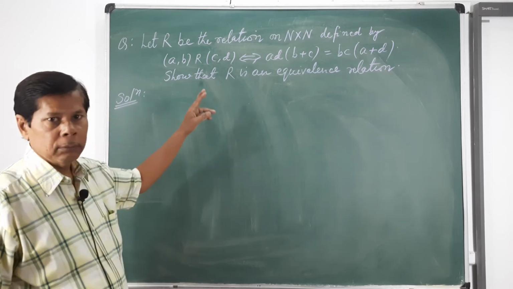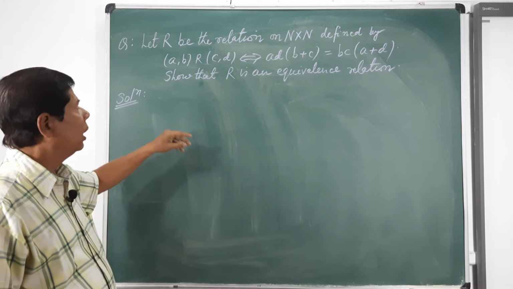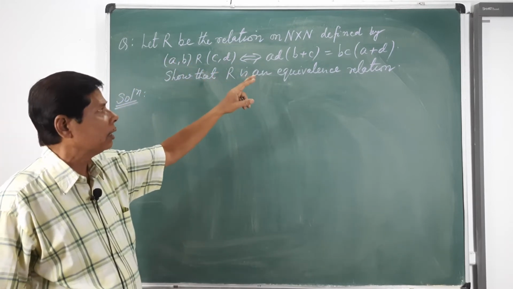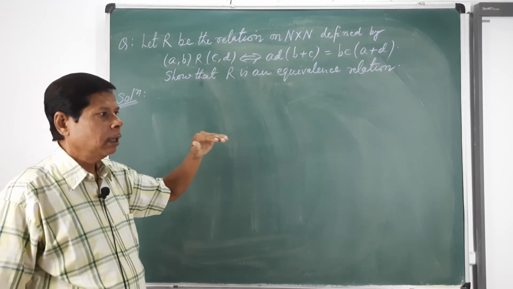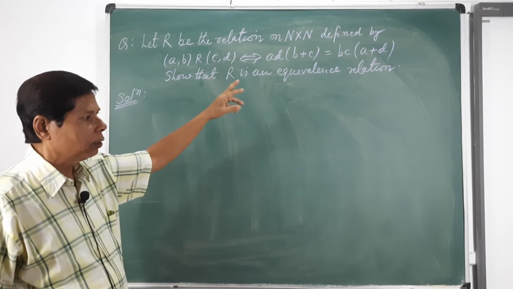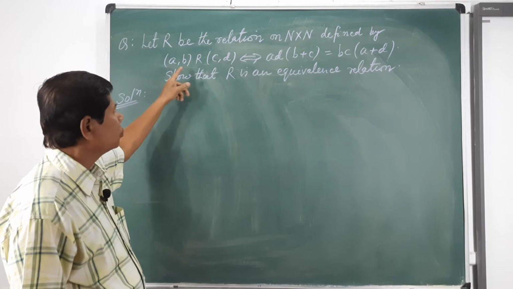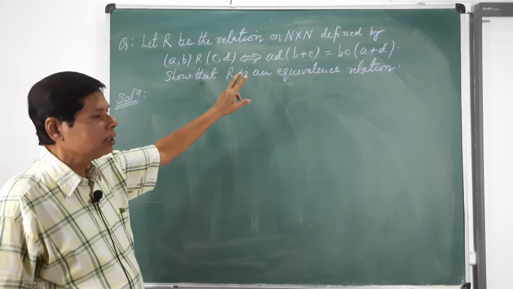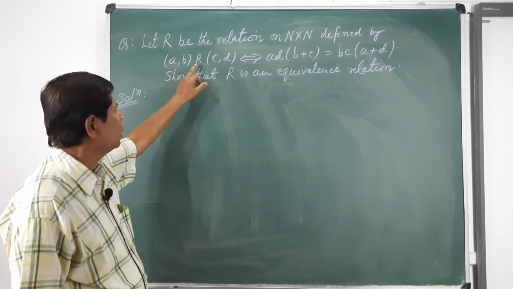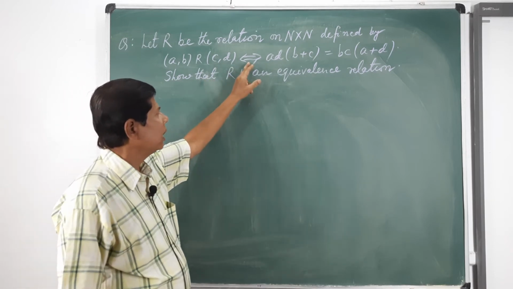Now, the next problem is also one of the most important problems on equivalence relation. The problem is, let R be the relation on N cross N. So, the given set is of all ordered pairs of N cross N, the Cartesian product of the natural number set, defined by, so obviously the elements will be in the form of ordered pairs. So, (A, B) is one element of N cross N related to (C, D), for which this sign is used.